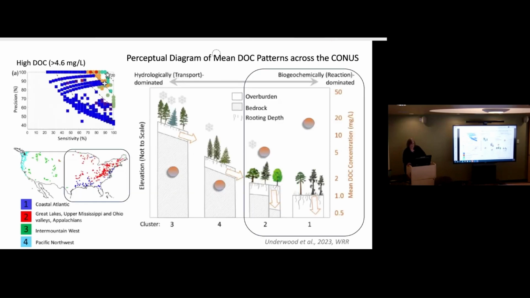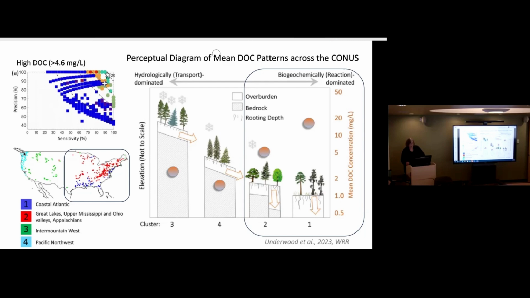Here is an example of our sites with high DOC. They tended to be mostly in the eastern US and aggregated along the geographic clusters of coastal Atlantic and the Great Lakes, upper Mississippi and Ohio valleys and Appalachians. On the right-hand side is what we call a perceptual diagram of the 4 geographic clusters of sites across the US, and a graphical depiction of the catchment attributes there.